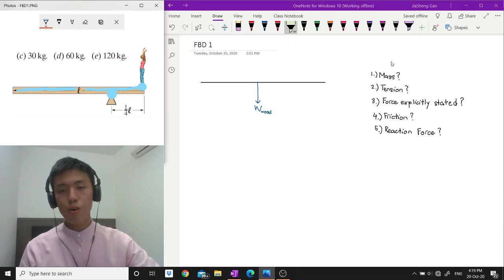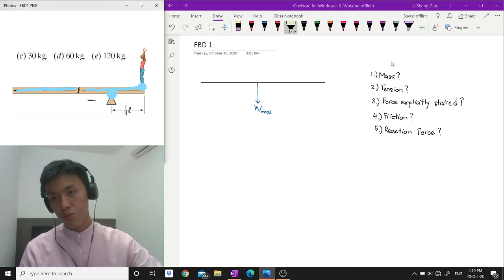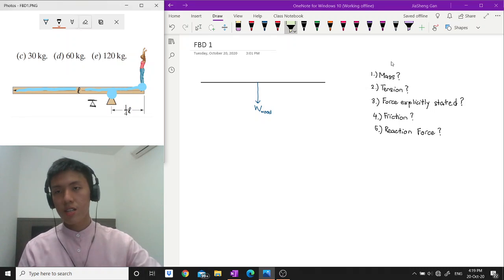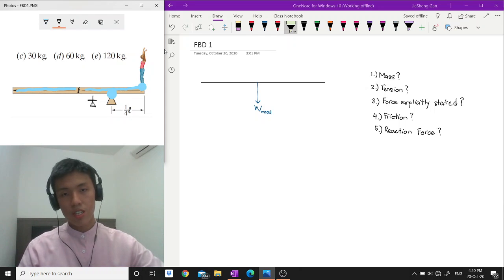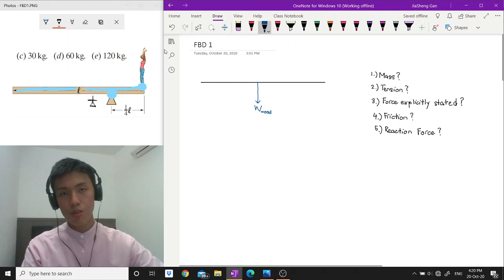So at these two points you have reaction force. For this point here, it's just a wooden plank with a triangle. If it's a point and a dot, the force will be just perpendicular to the surface, so it probably looks something like this.